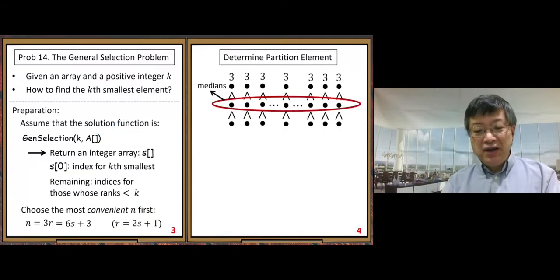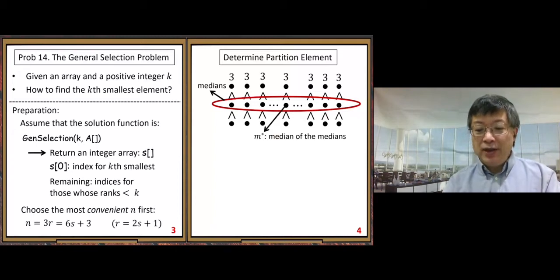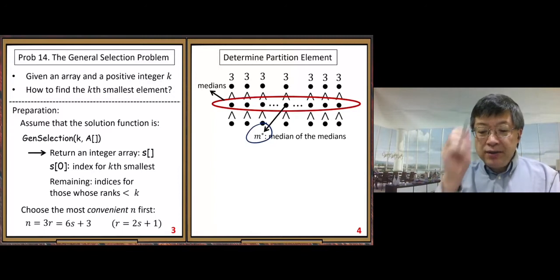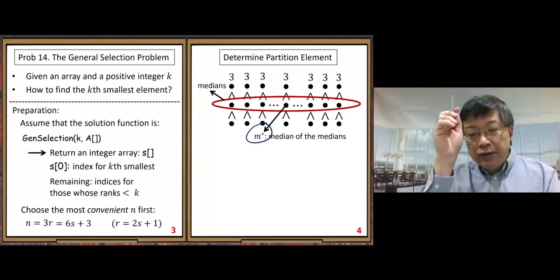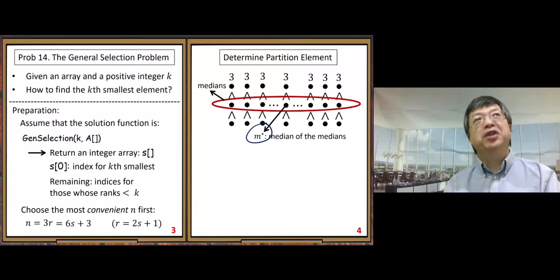Implementation. Here, let me describe the implementation details. I use M star to represent the median of the group medians. This is the partition element.